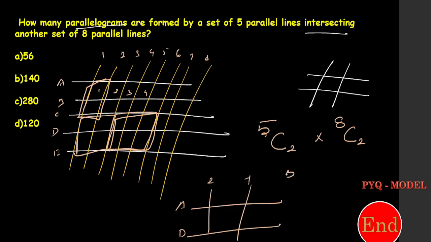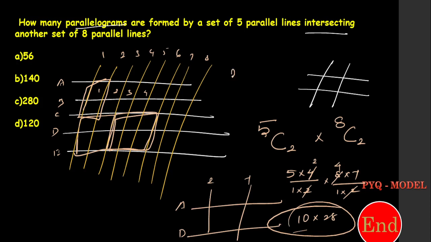So 5 into 4 over 1 into 2 into 8 into 7 over 1 into 2. So cancel this number. 5 2s are 10. Here 7 4s are 28. So 10 into 28, 280 parallelograms can be formed in these 5 parallel and 8 parallel lines intersecting each other.